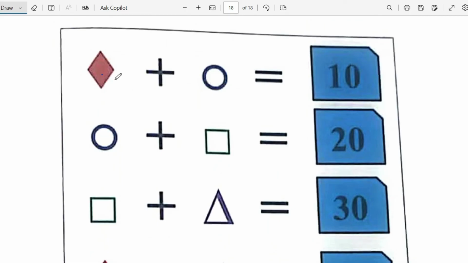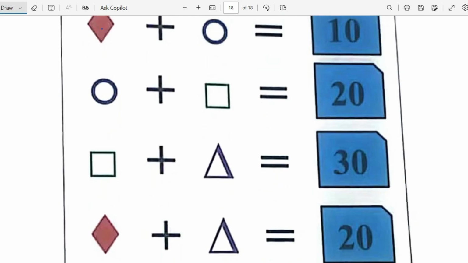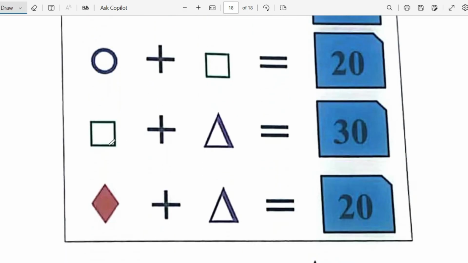So we can assume that both of these shapes are valued less than 10. And the circle and the square is 20. So we can assume that this square is more than 10. And the square and the triangle is 30.